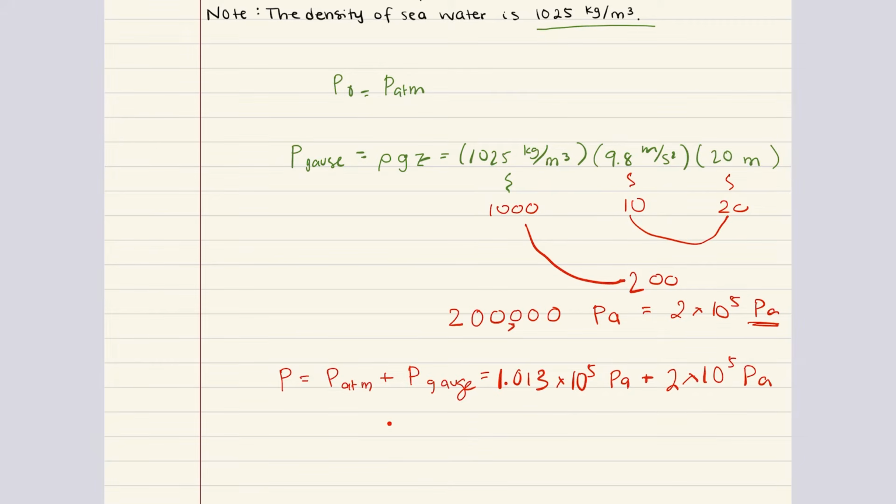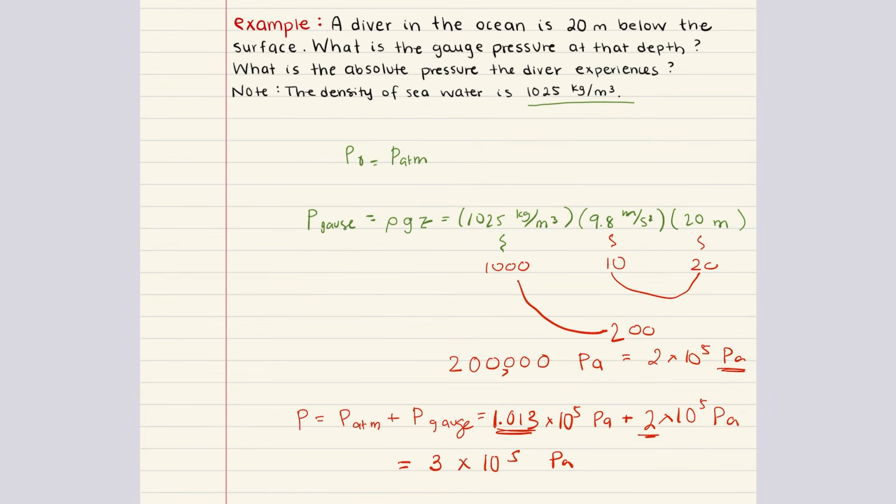I'm going to approximate this to 1 plus 2, that's equal to 3, multiplied by 10 to the 5. So our answer here for the absolute pressure the diver experiences is approximately 3 times 10 to the 5 pascals. And with that, we've answered the question.